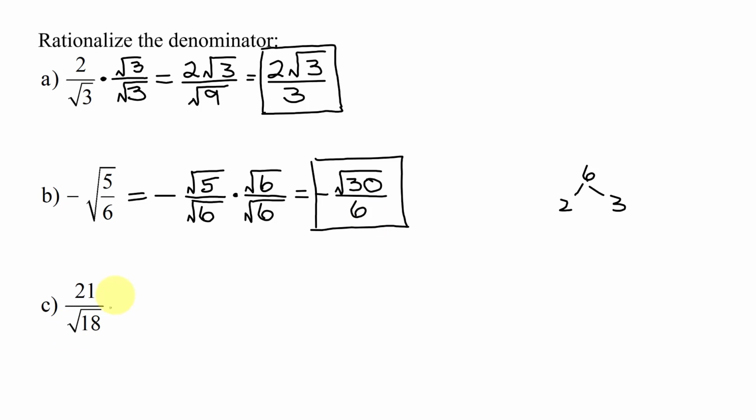And in the last example, we have 21 divided by the square root of 18. Now, I could follow this procedure immediately and multiply numerator and denominator by the square root of 18. But if I did that, I'd have a lot of simplification to do at the end.